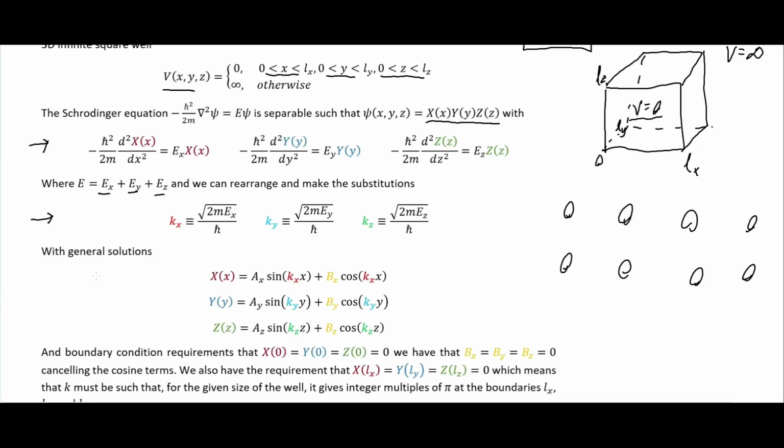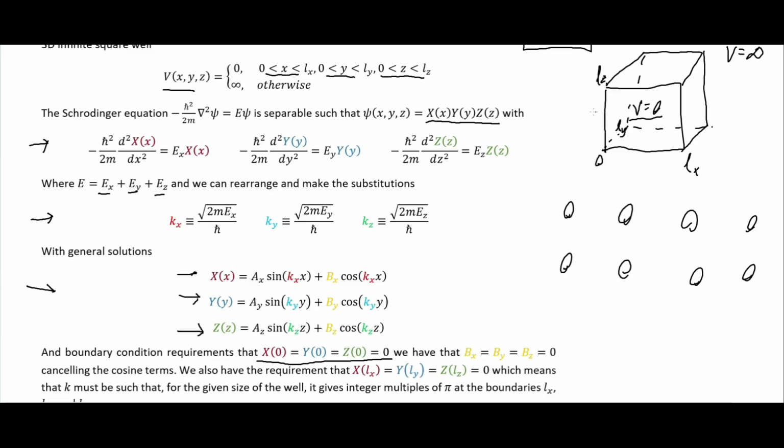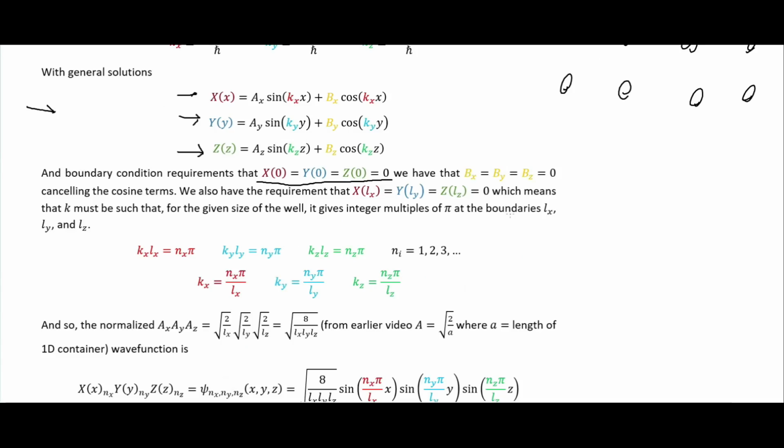We have general solutions that look like this for the x, y, and z directions. We need some boundary conditions, so we need the wave function to be equal to 0 at x, y, and z equals 0, so it needs to go to 0 at the sides of our potential here.